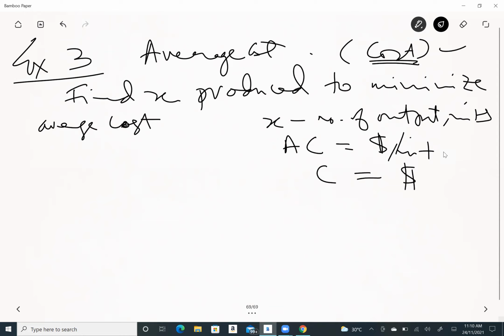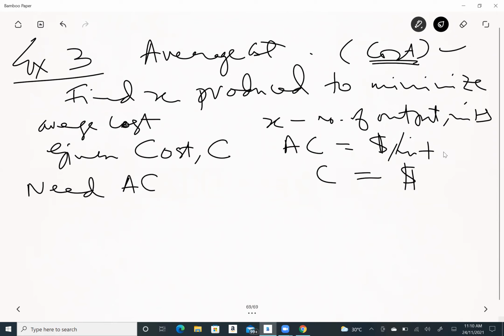Average, because we divide, you have dollars per unit. So that is the thing that you need to find. Now you are given the cost, not average cost. So what do we need to do? You are given cost, we need average cost.